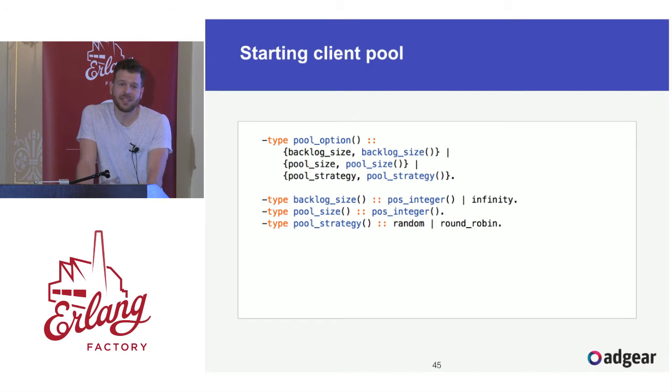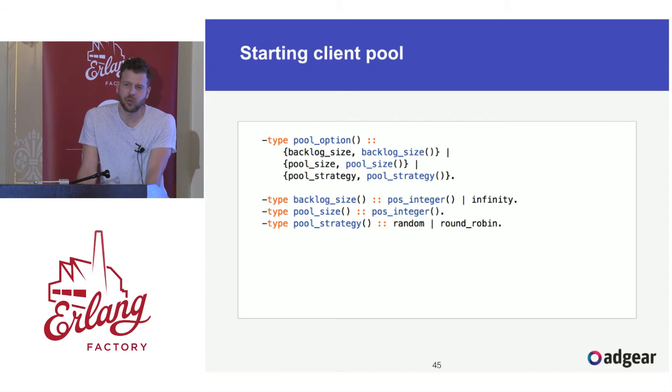The last list of options for the start is the actual pool options. Currently, what we support is the backlog size. It can be a positive integer or infinity. Infinity was added, in theory, it's kind of against the safety of this.